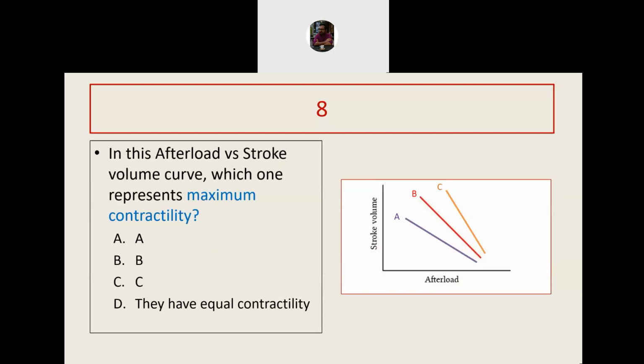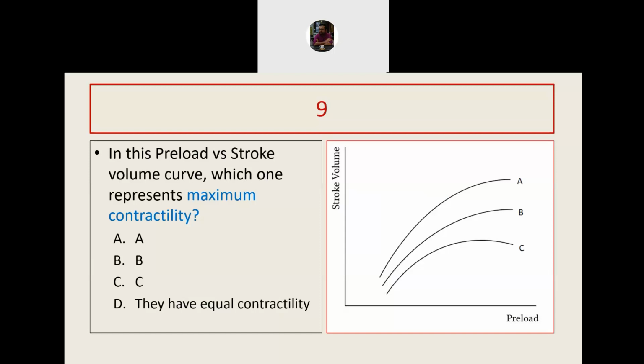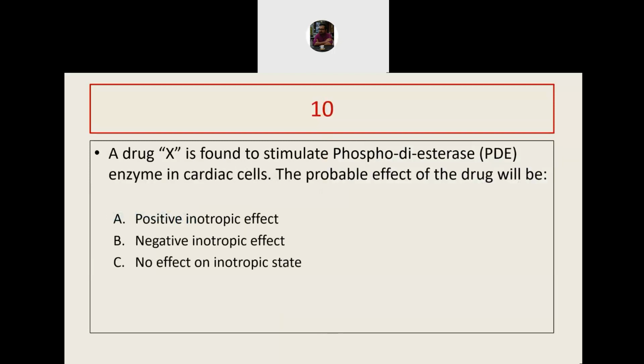The answer is C. In the preload versus stroke volume curve, which one represents maximum contractility? Wonderful. The answer is A. Finally, speak about the property of the drug X. Yes, this will be a negative inotropic agent because it will decrease cyclic AMP concentration.